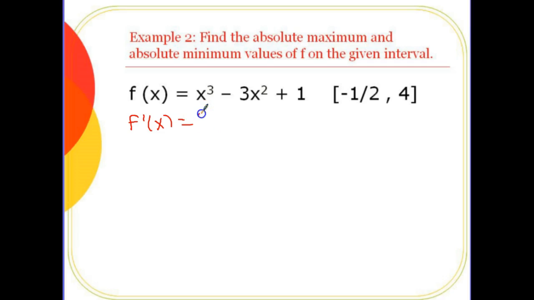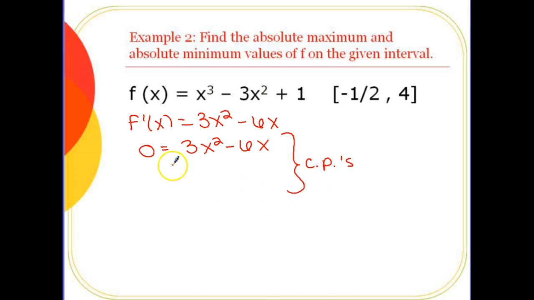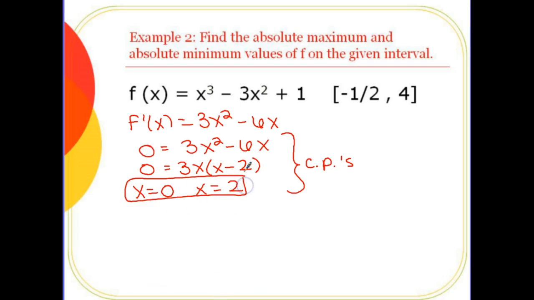Okay, f prime of x equals 3x squared minus 6x. What are your critical points? So 0 and 2 are my CPs.